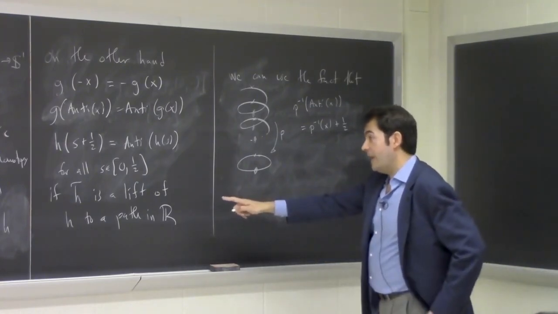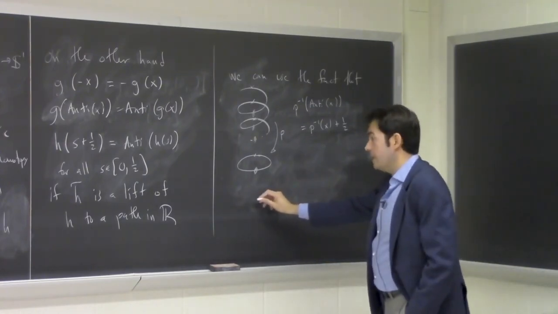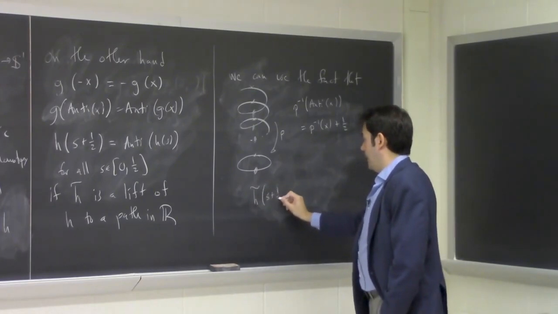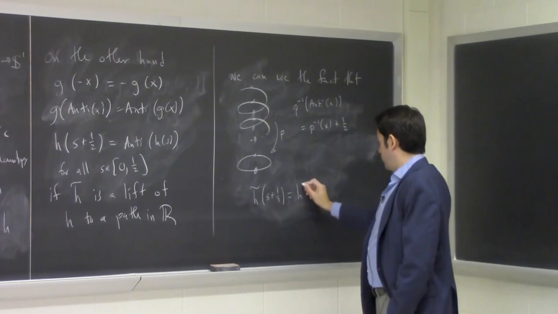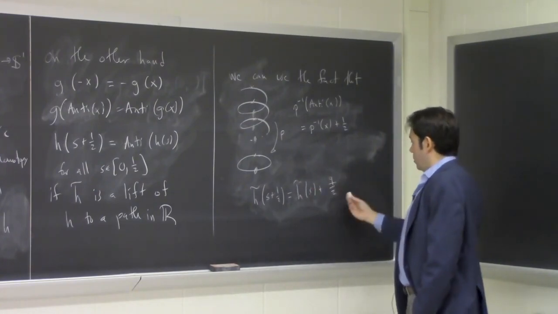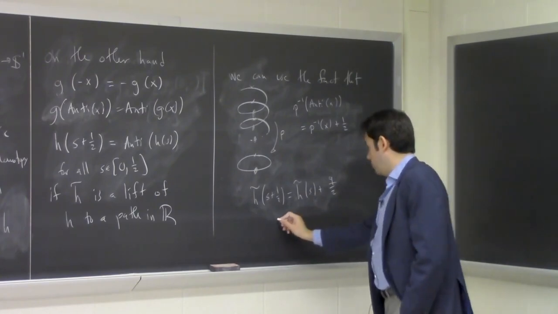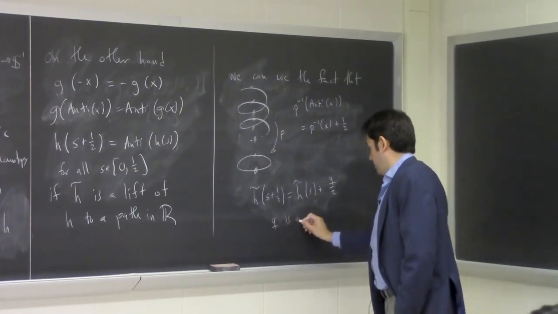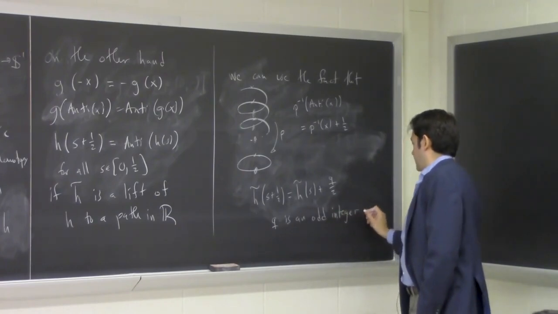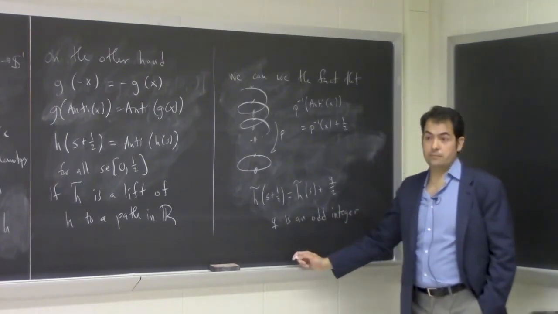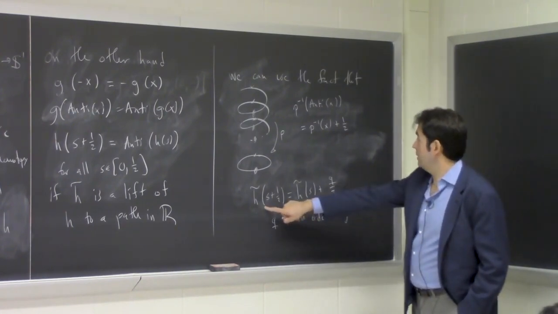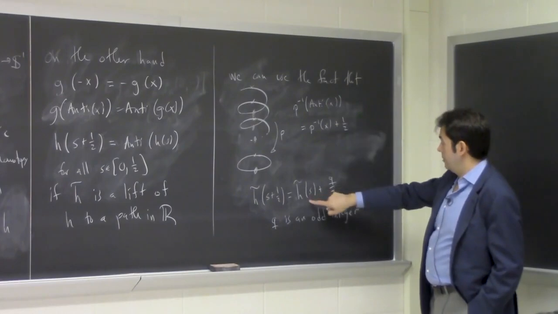So what that tells us about H is that when you lift, H tilde of s plus 1/2 is equal to H tilde of s plus q over 2, where q is an odd integer. Right? Just because this guy is in this set and this guy is in this set.